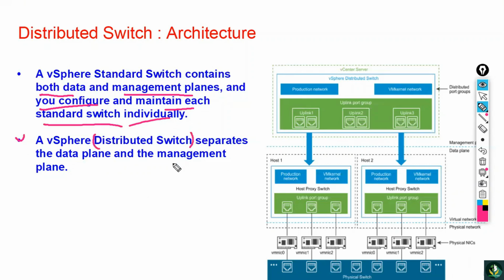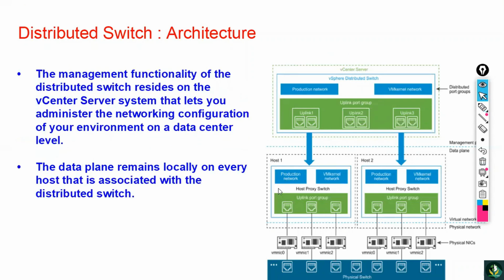This distributed switch separates data plane and management plane. Management plane is moved to the distributed switch, and the data plane is still with the standard switch. So management functionality of distributed switch resides on the vCenter Server and lets you administer the network configuration of your environment at data center level.